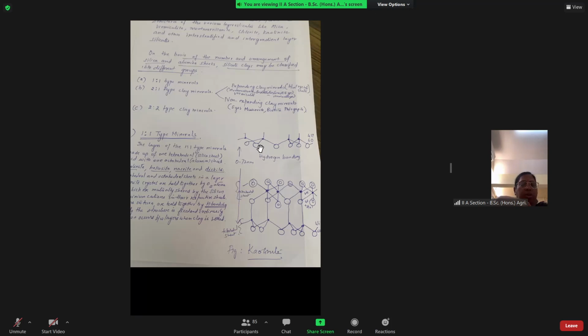So the crystals present in this type of clay are like flakes. Mica, you have seen mica sheets like flakes. They are composed of an expanding lattice, and each layer is made up of, as I already told you, an octahedral sheet sandwiched between two tetrahedral silica sheets.